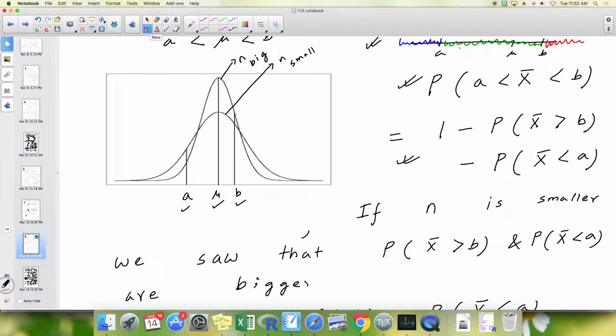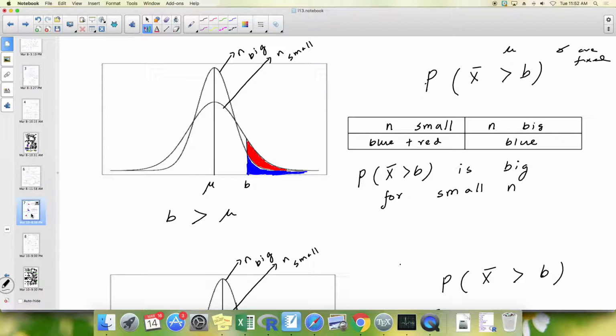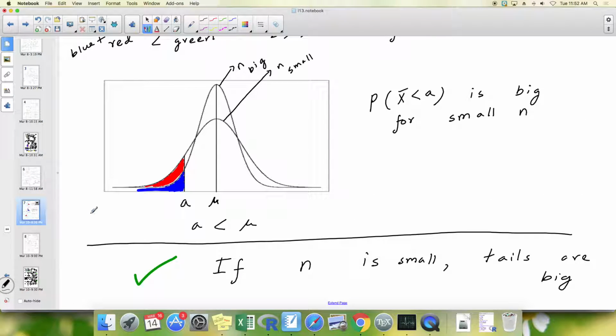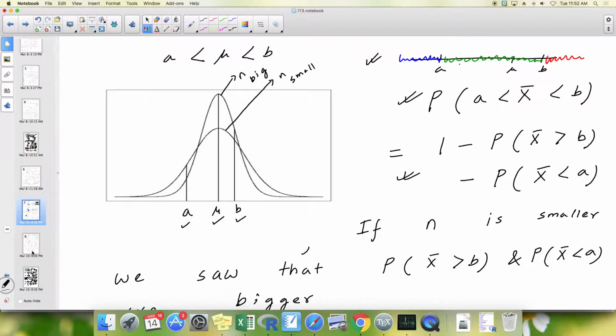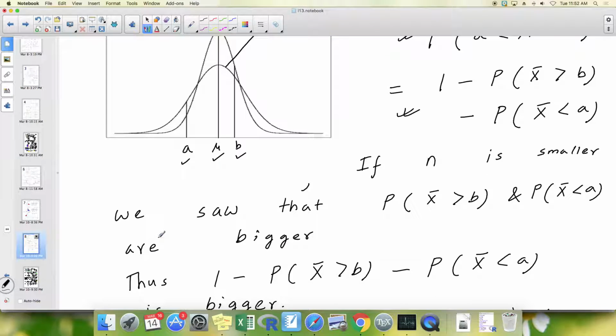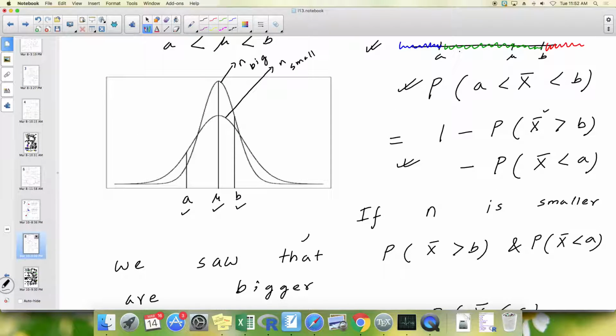This we already know from here. If n is small, tails are big. So if n is smaller, this tail and this tail, they are bigger.